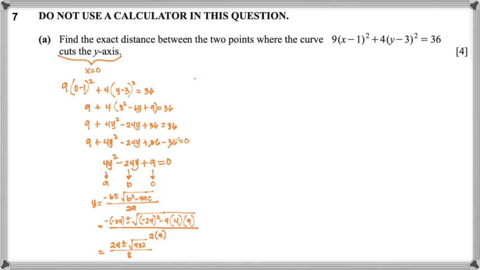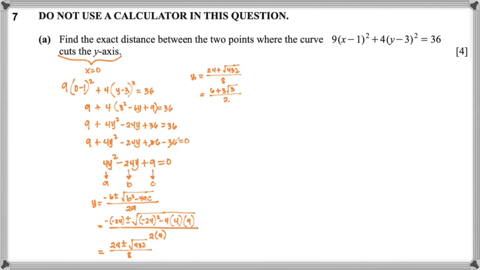So y sub 1, the first value of y, will be equal to 24 plus the square root of 432 over 8, which simplifies to 6 plus 3 times the square root of 3 over 2.